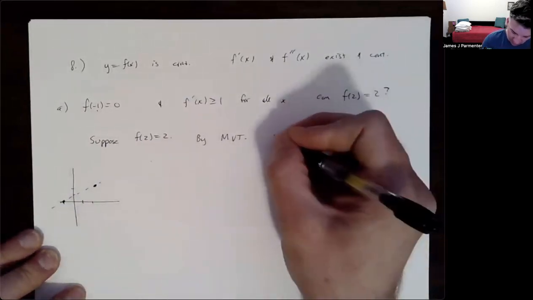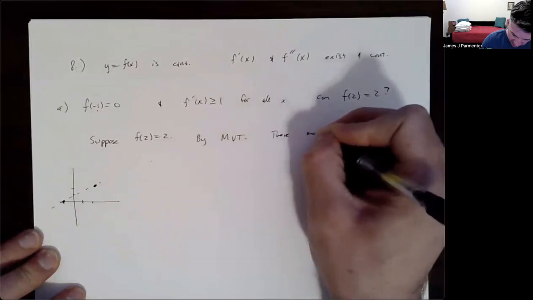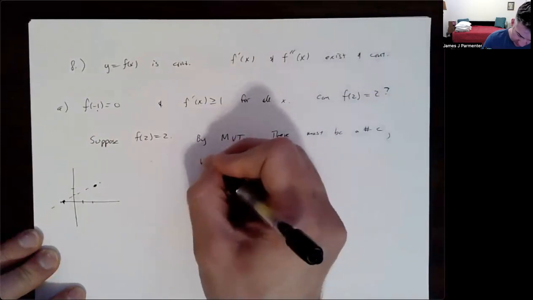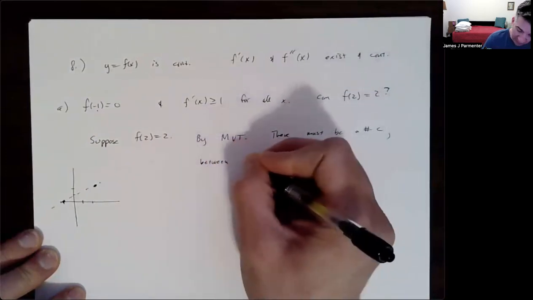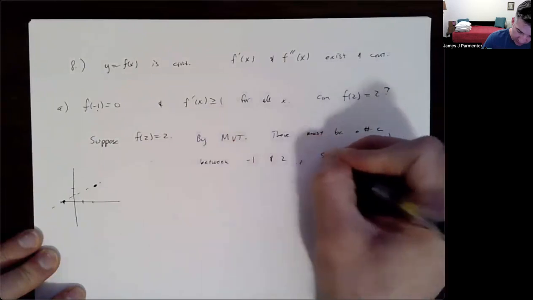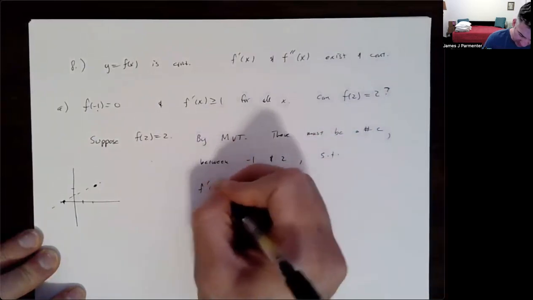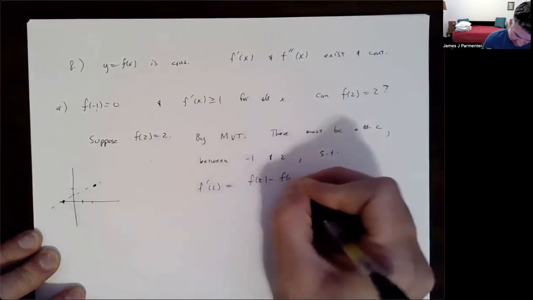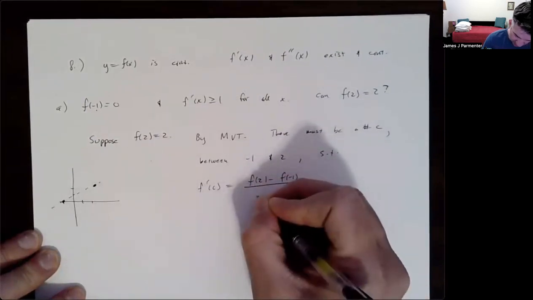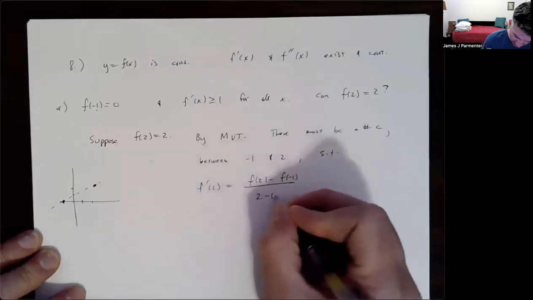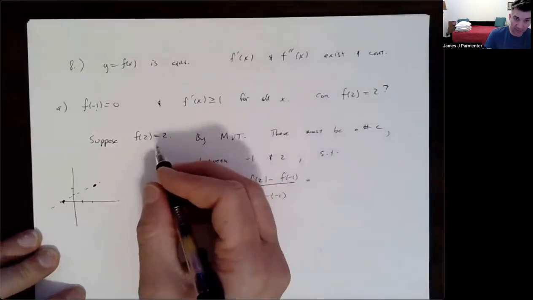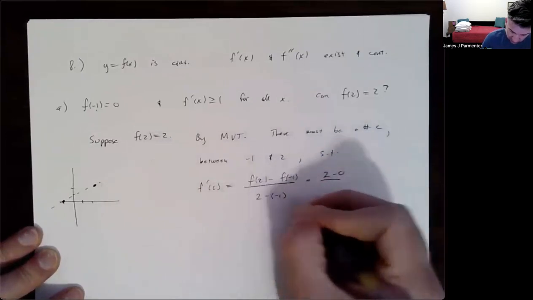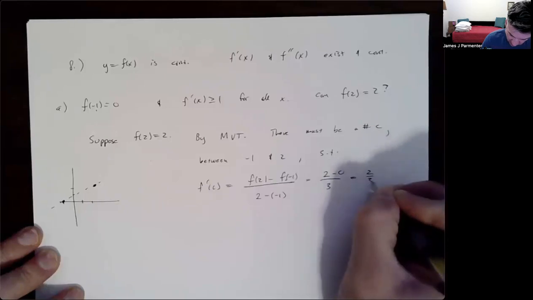So there must be a number c between -1 and 2 such that f prime of c is equal to the slope of that secant line, which is just f of 2 minus f of -1 over 2 minus -1. We're supposing f of 2 is 2, f of -1 we're told is 0. 2 plus 1 is 3, which is 2/3.